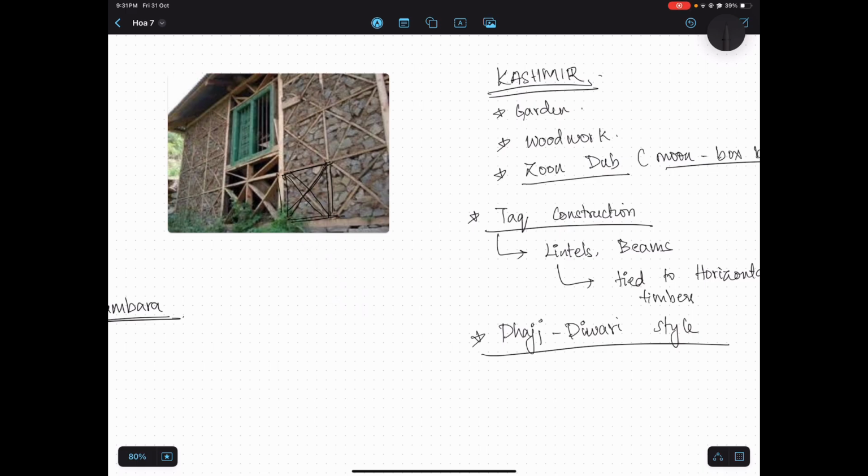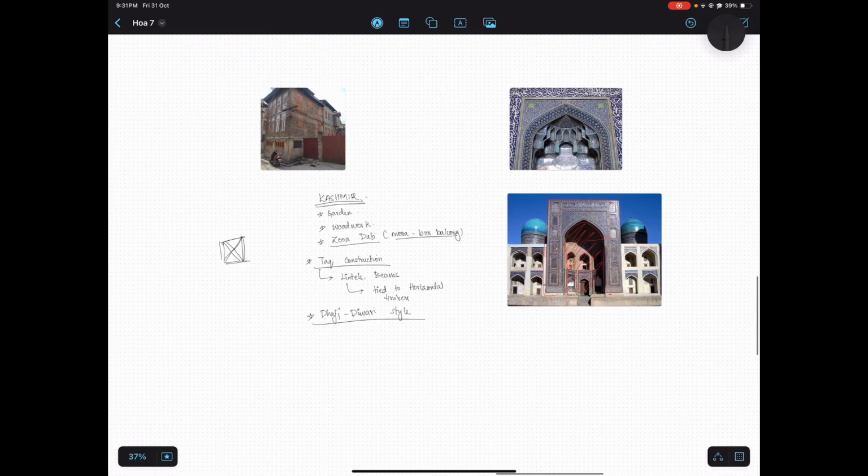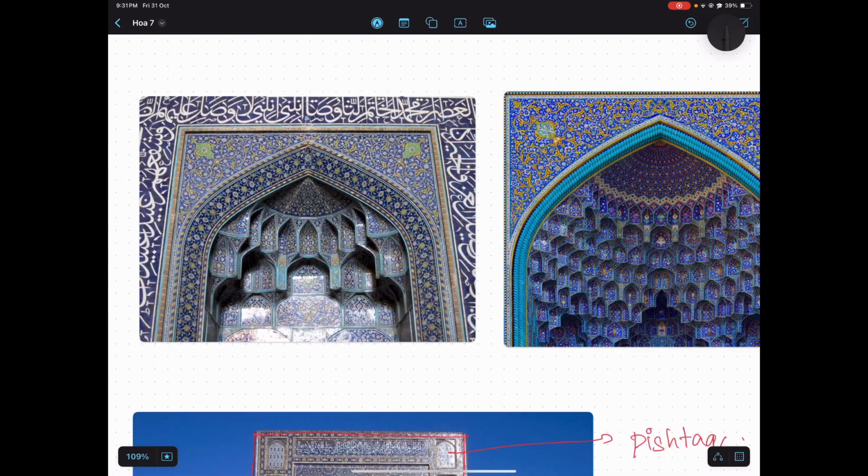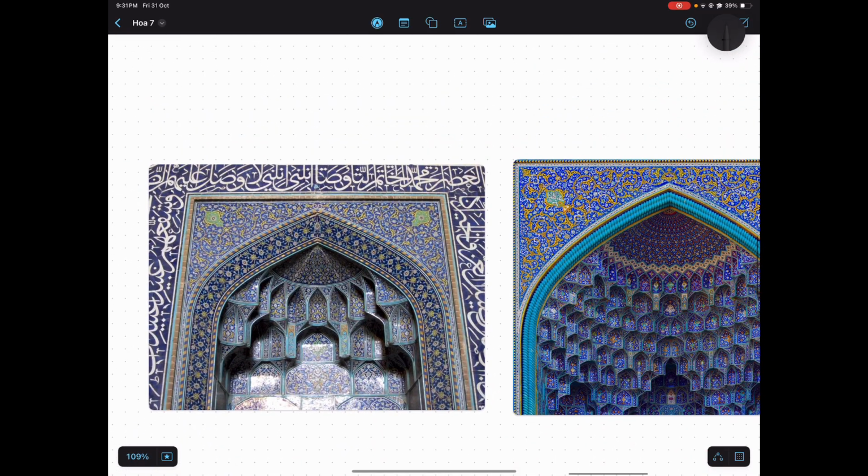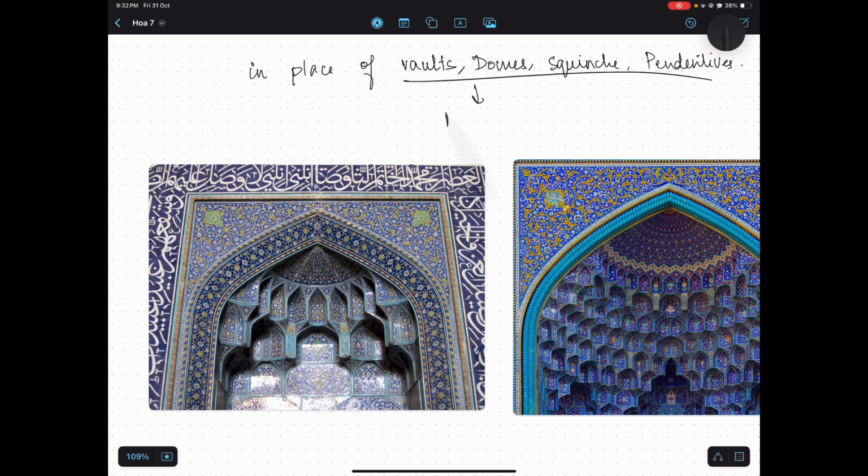Now a few other things about the Mughal architecture before we end it. In place of walls or sometimes domes or even in squinches or pendentives, they used a decoration system called mukbarana.